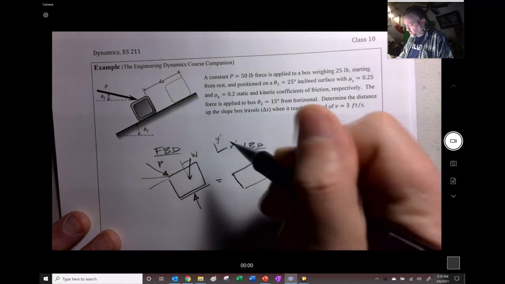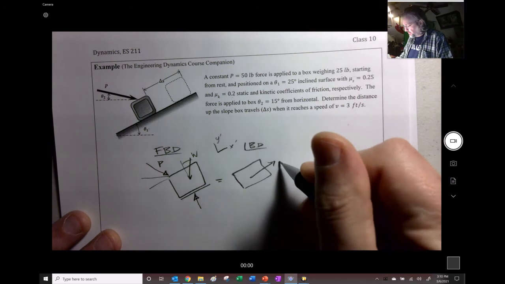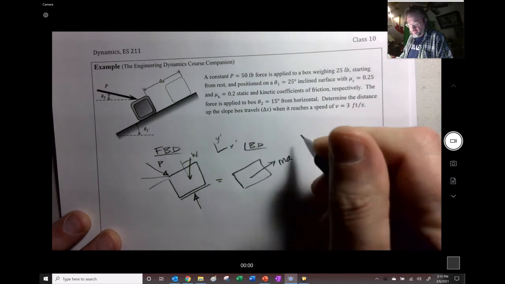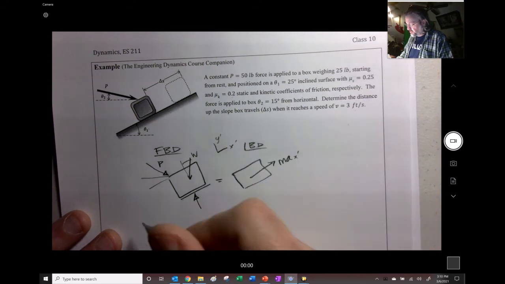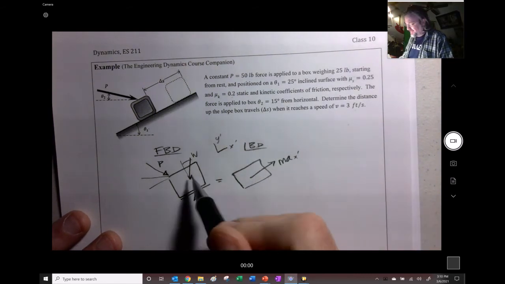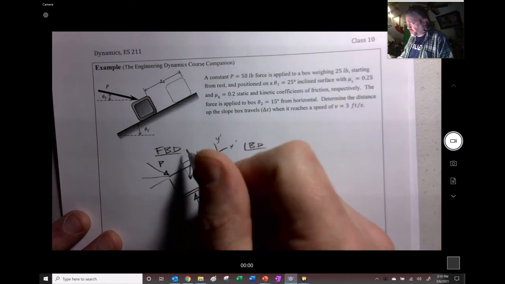It's really good practice any time you're setting up a problem, and not skipping steps. So we know we have the acceleration going up the slope, but there's nothing in the y. So we don't technically have to do the inertial body diagram, because we're only going to look at this direction.